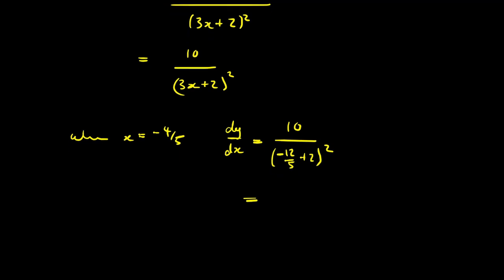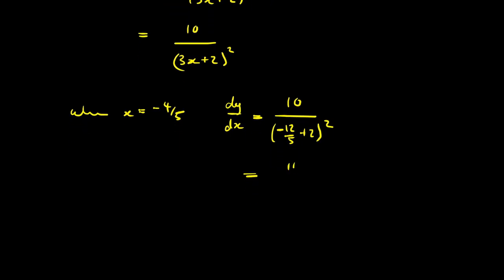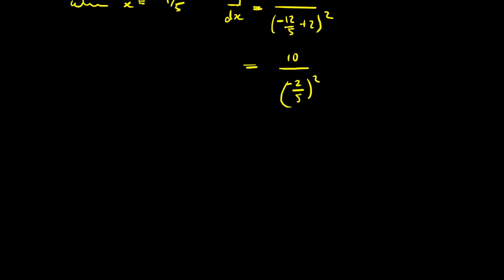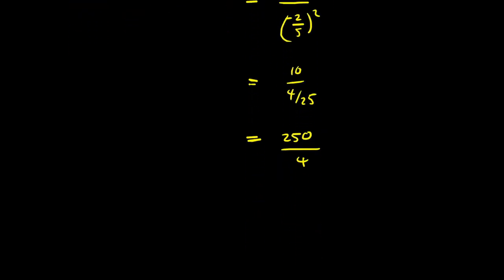And so if we add that, we're going to get 10 divided by negative 2/5 all squared. And if that simplifies, we're going to get 10 over 4/25. So this is like 250 divided by 4, which we'll just leave as 125 upon 2.